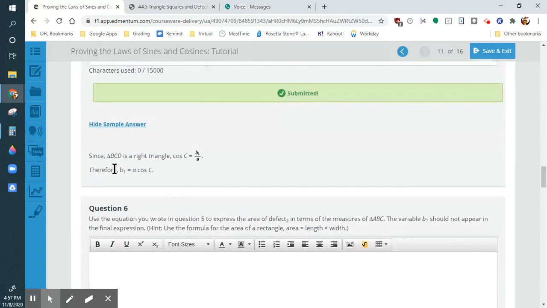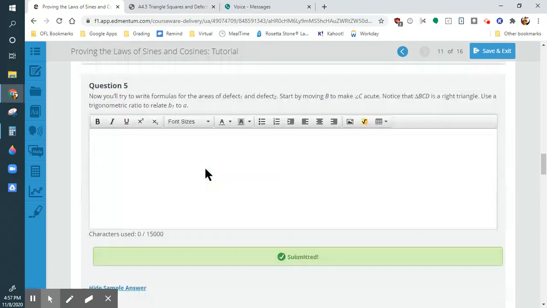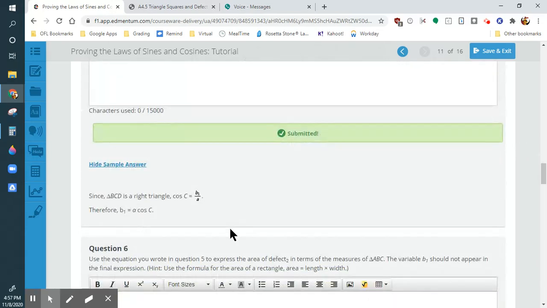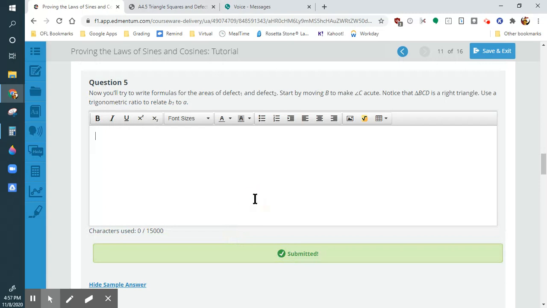So for this, since it's a right triangle, we can say that cosine of C equals that. So this was saying, now write an equation starting with an acute angle using trigonometric ratios. Why did they make it sound difficult with the areas of this and this?